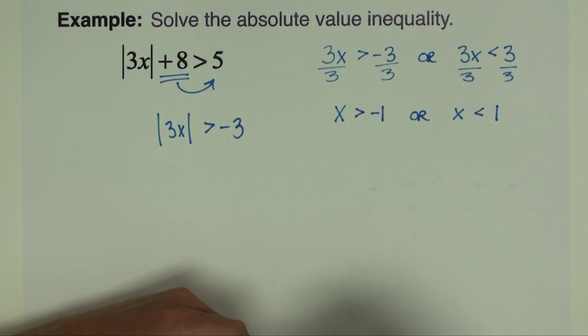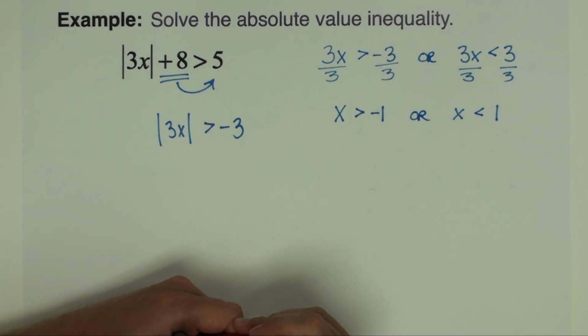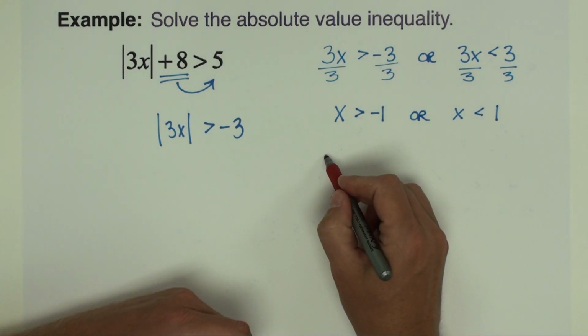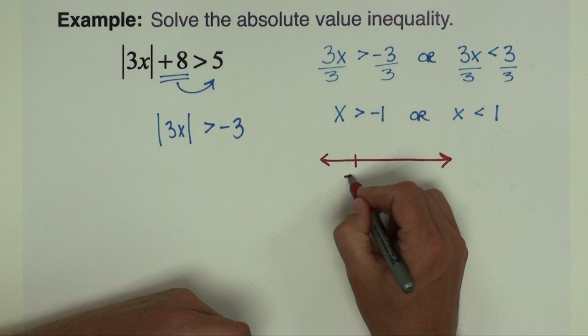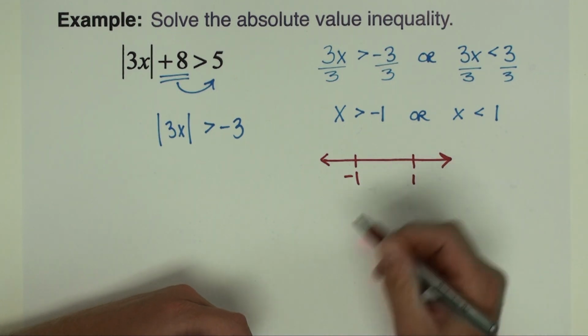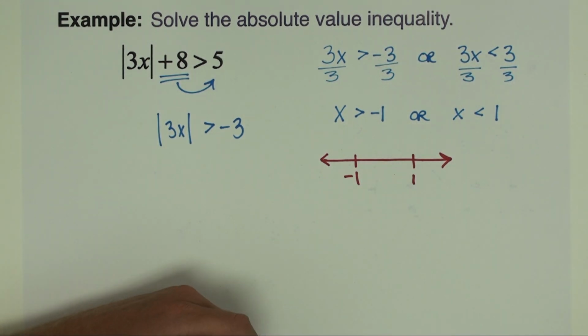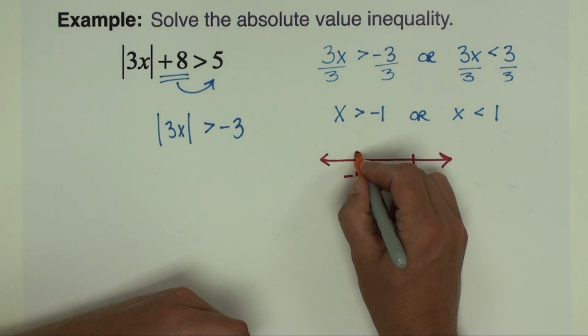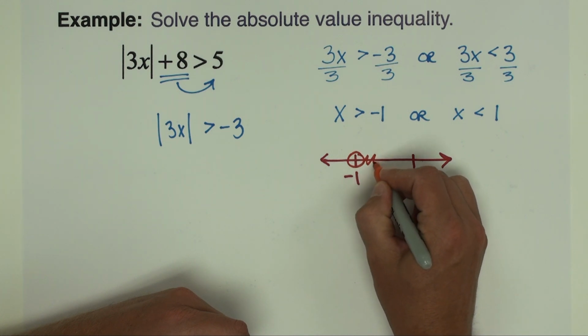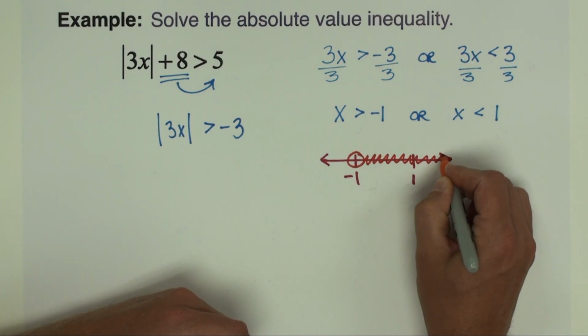All right, let's go ahead and take a look at this one on the number line just so we're not confused how to interpret this. So we want negative 1, we want positive 1, and we want numbers that are greater than negative 1. So open circle, greater than goes this direction.